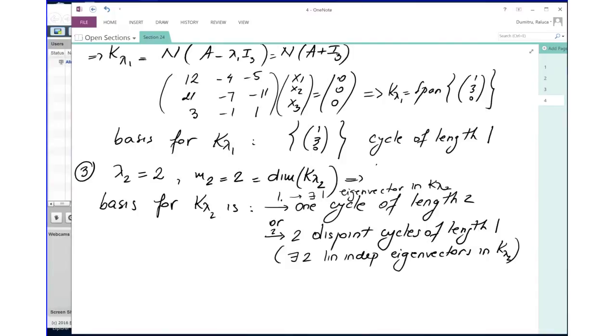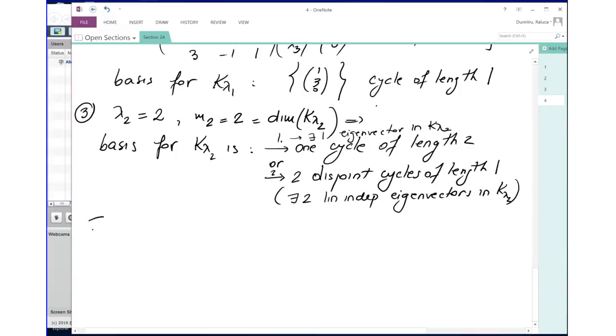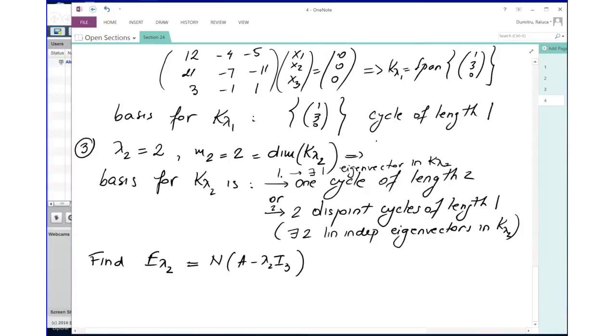So if I find E sub lambda, which is something that I know how to do, that should tell me whether the second case is possible or not. So what I mean is this. Find E lambda 2, which is the null space of A minus lambda 2 identity, right? How do you find it? As before. So lambda 2 is 2, so subtract 2 from the diagonal.